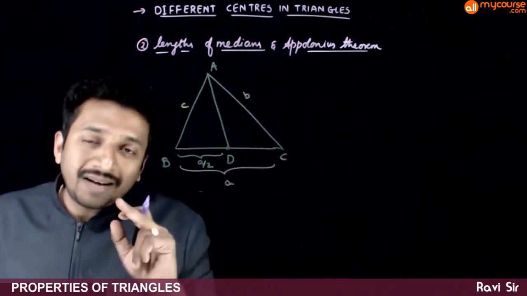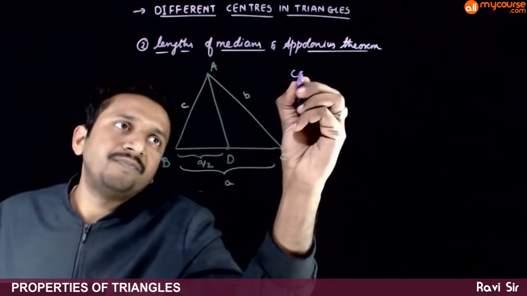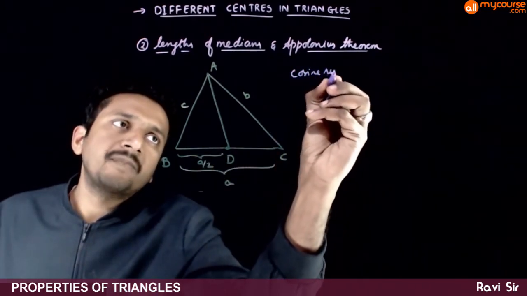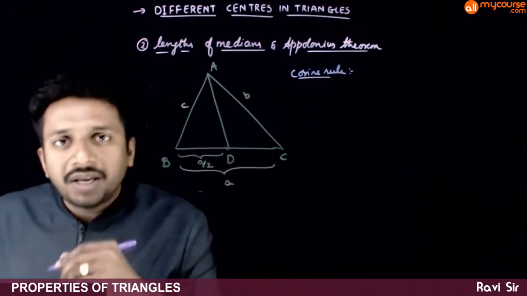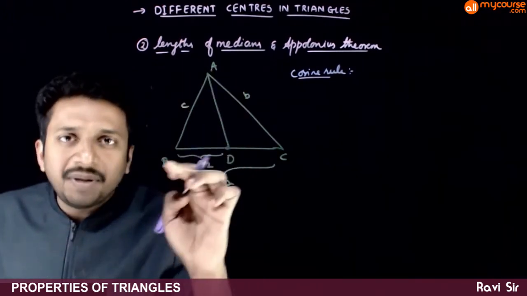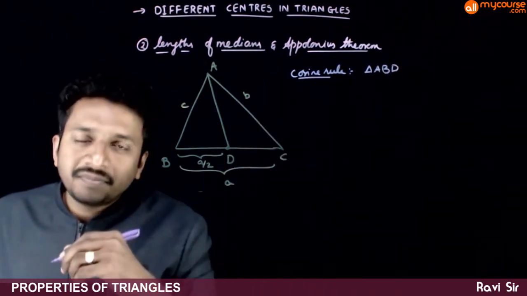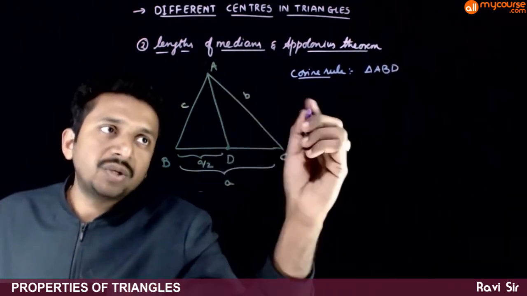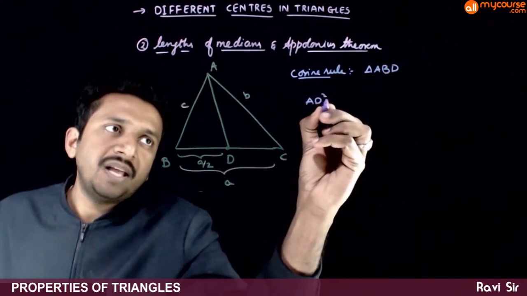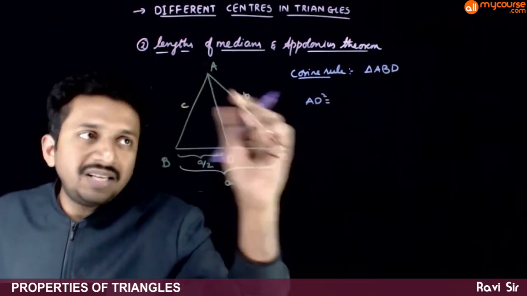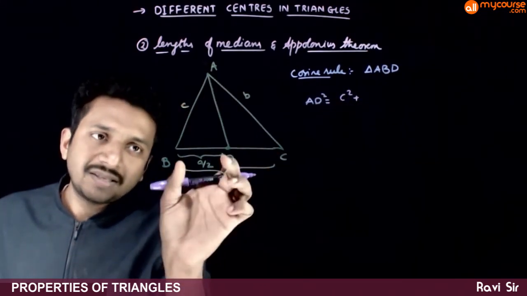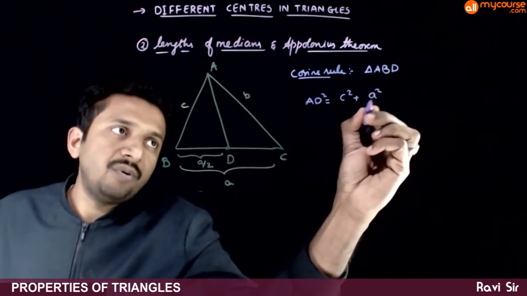To do that, I'll try to use the cosine rule in triangle ABD. So what is the cosine rule? AD square is equal to c square plus a square by 4.